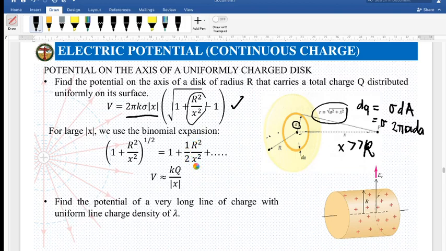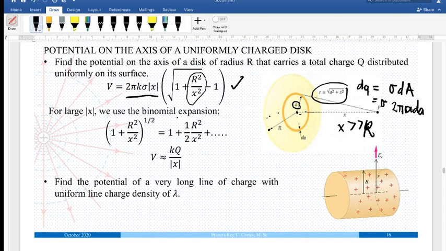So what's left in the expression here is V equal to 2 pi k sigma, then we have the absolute value of x. The absolute value just means that it can also calculate if x is negative, but this is not necessary anymore because our x here is positive.